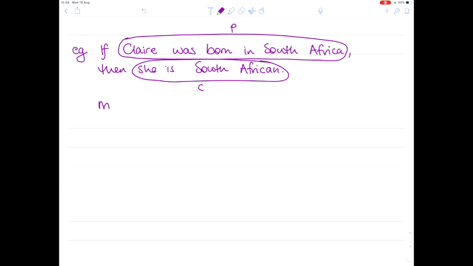Our modus ponens, or direct argument, says we assume that it is true that being born in South Africa implies being South African.